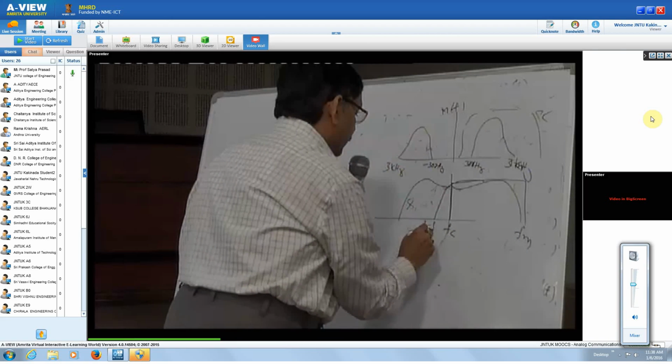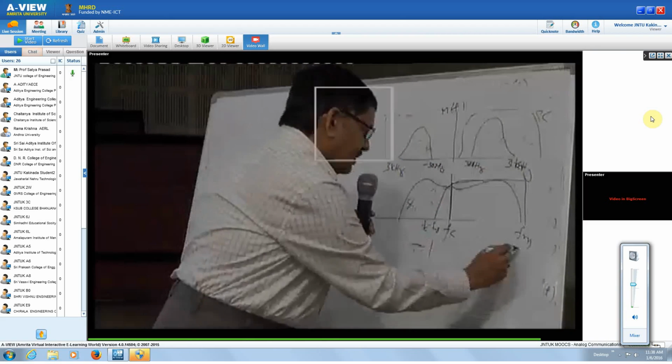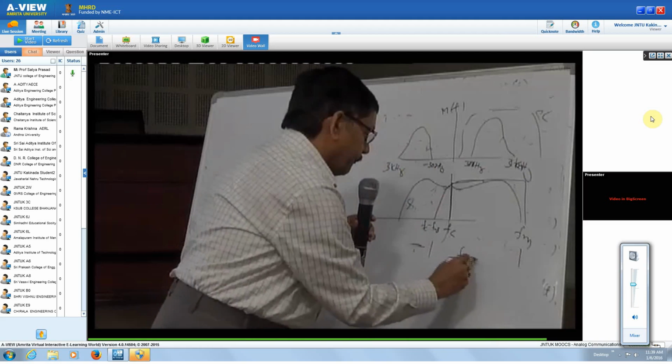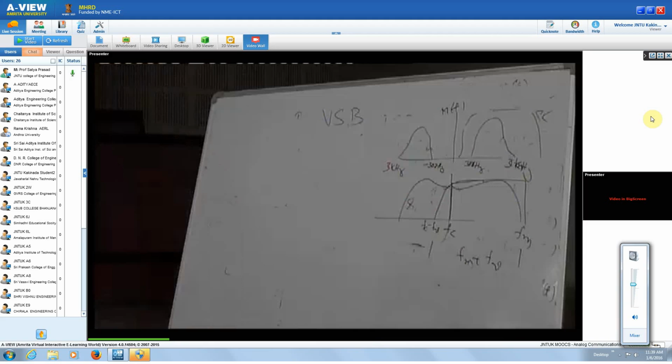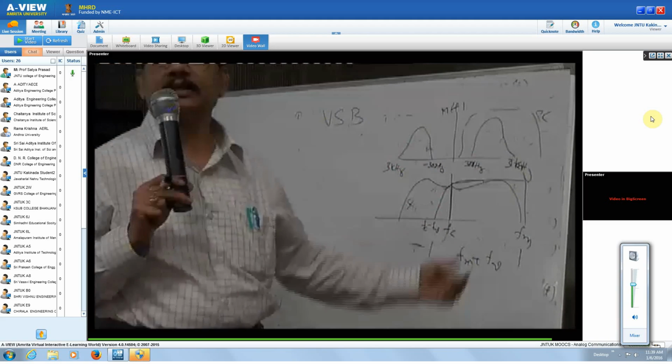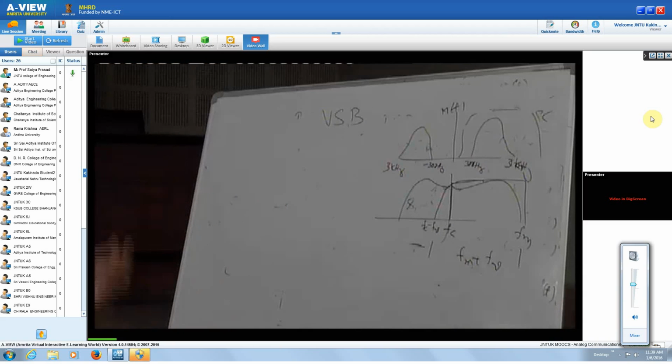Whereas if this is FM, this is FC minus FP. Therefore, the bandwidth that we are going to have is FM plus FP. The vestige is the part of the frequency that we have, so an additional portion.